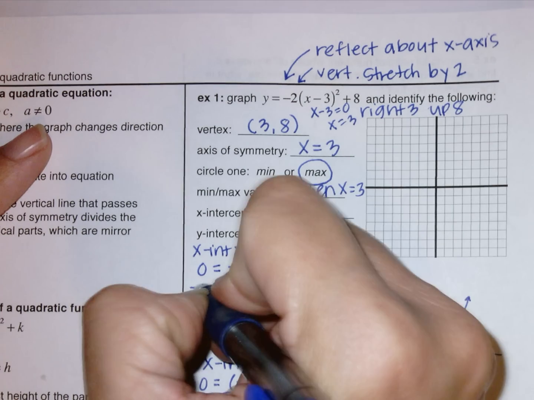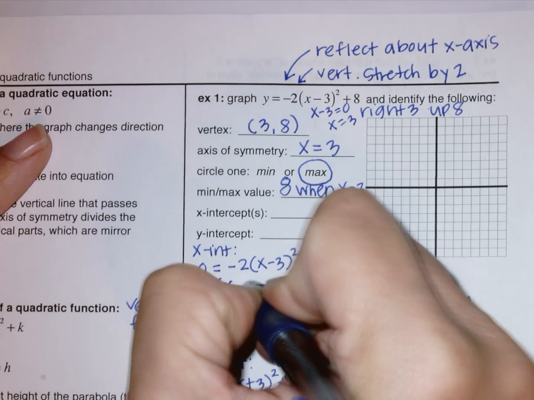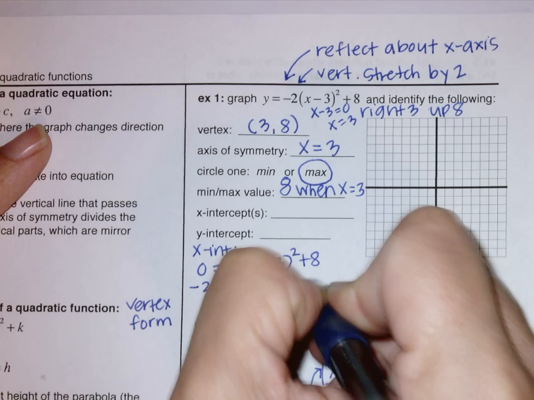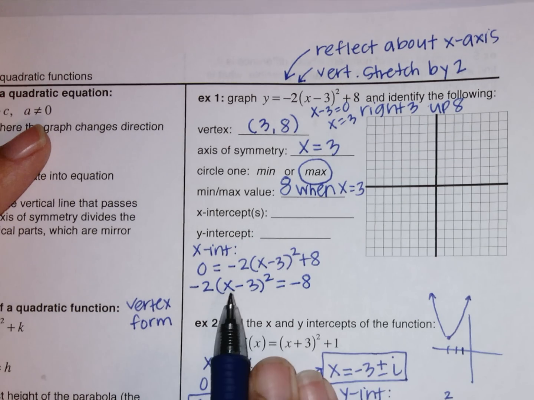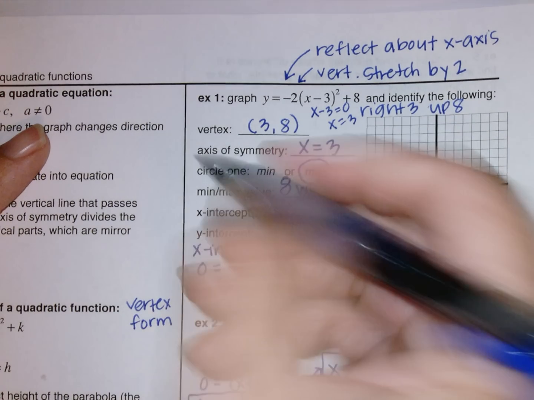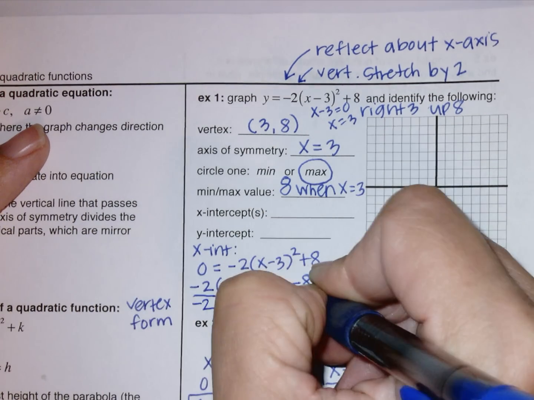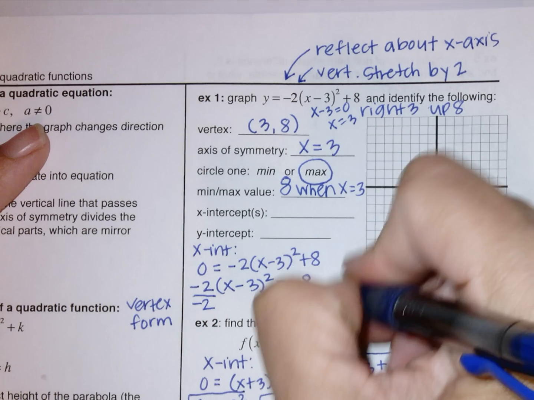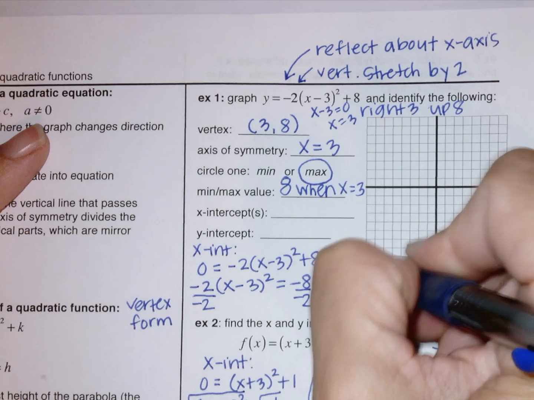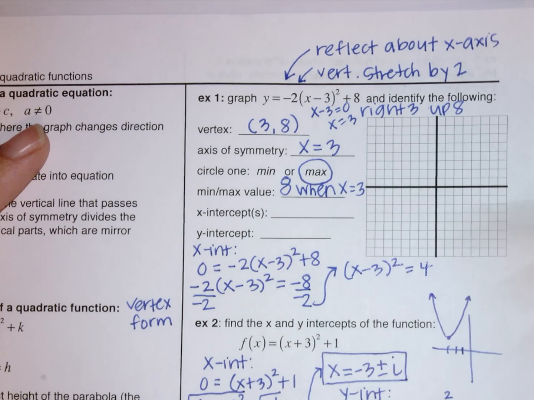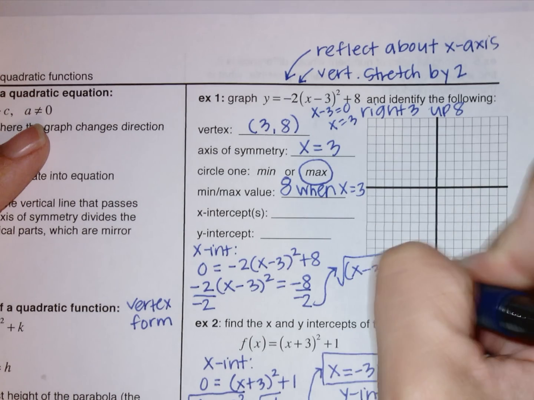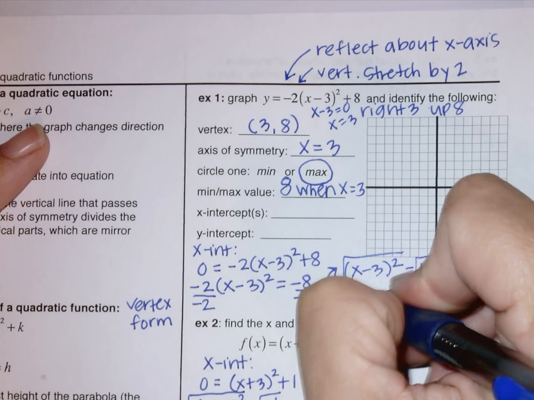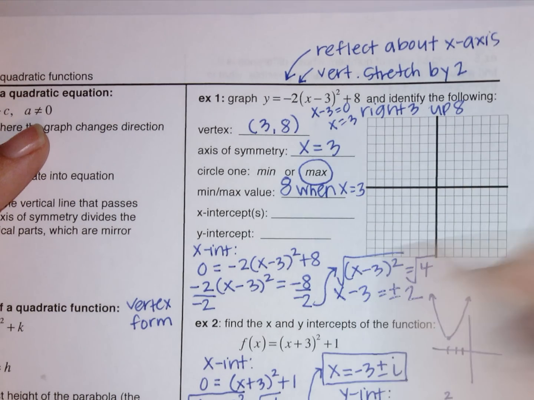The first thing I would do would be to move the 8 to the other side, and again, because I'm solving for x, I've switched the sides. Then divide by -2, so that gives me (x - 3)^2 = 4. Square root both sides. x - 3 = plus or minus 2.